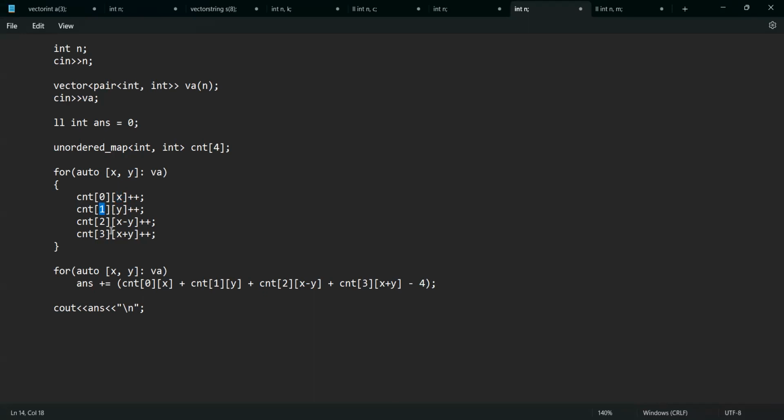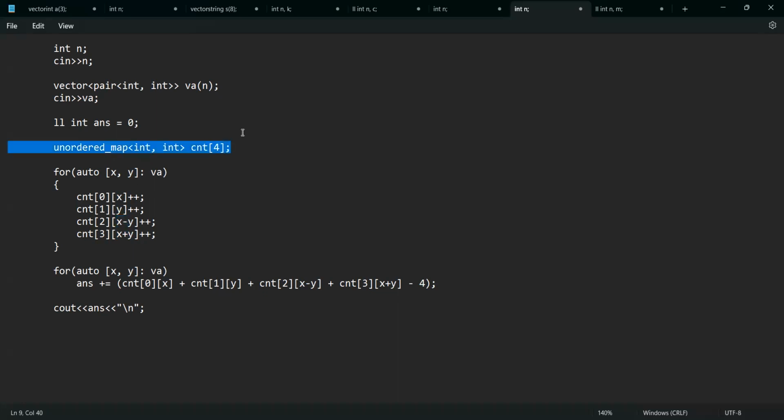Then the second unordered map will have the count of the points that have this value as their y coordinate. Similarly, this is for the third and the fourth unordered maps, these values, right? You can write this as y minus x or x minus y, it doesn't really matter.